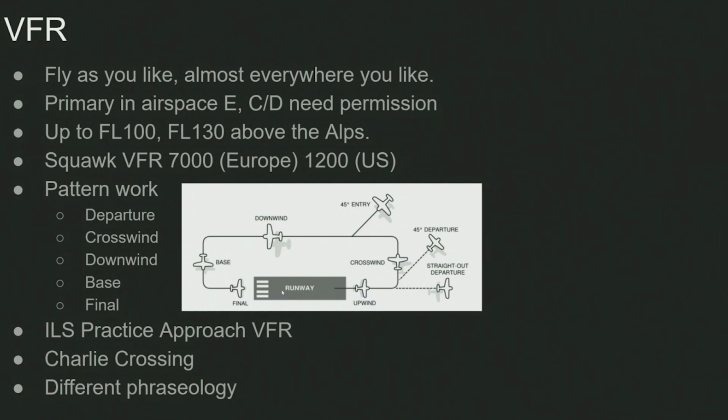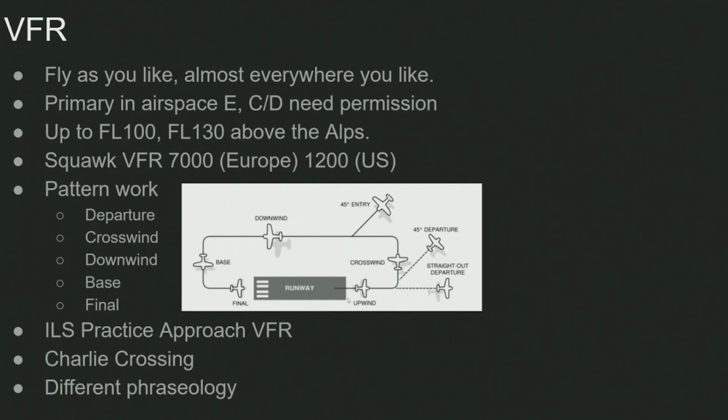So I just said left, left, left, left, left. Yes. When you do a right pattern, it's called a right crosswind, a right downwind, a right base, and final. When a controller clears you downwind, he always means the left one. He explicitly will say right downwind or right base.